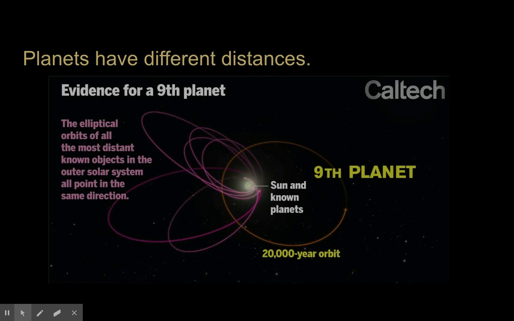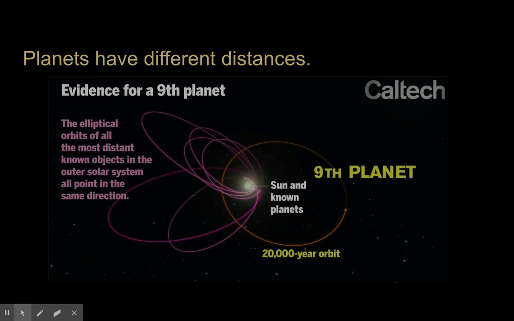Okay, so it takes Planet 9 or Planet X 20,000 years to orbit the sun once. All right. Now, that would mean that on Planet 9, each season would be approximately 5,000 years. So 5,000 years per season.